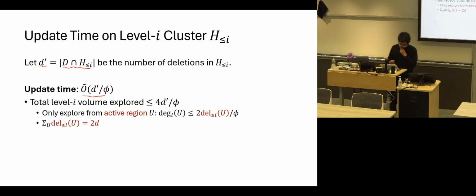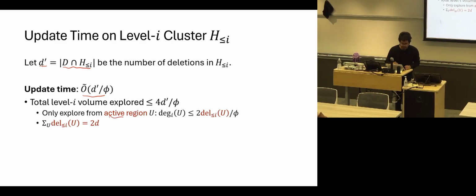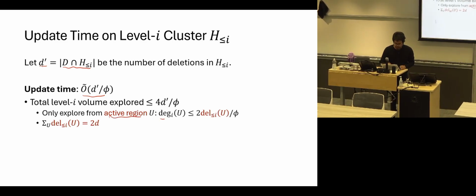The reason is that we only explore from the active regions, but an active region is such that the degree I is small compared to deletions. And the total number of deletions is at most 2D prime.